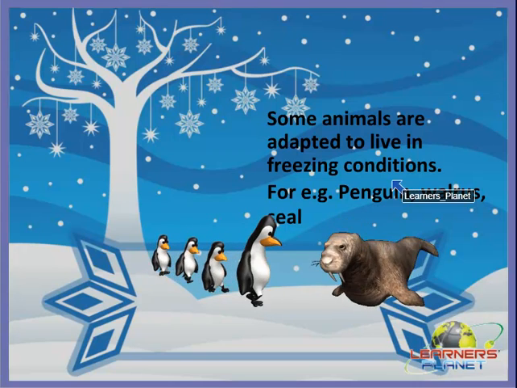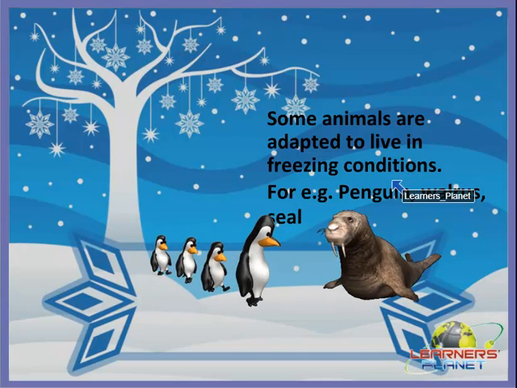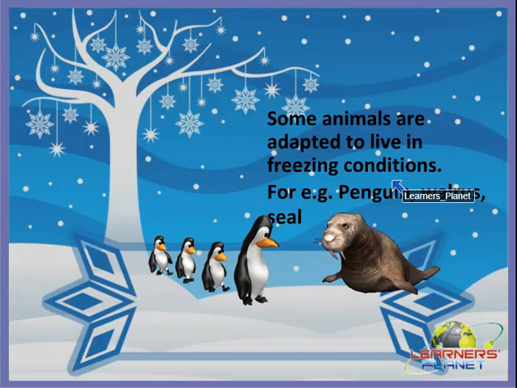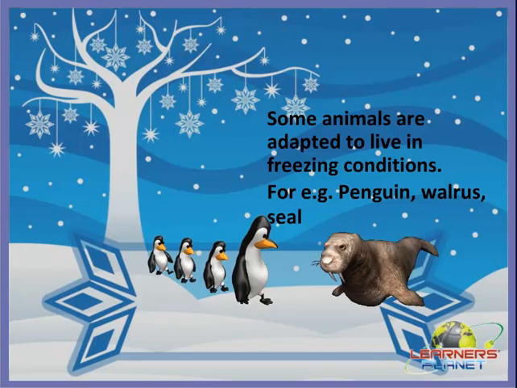So some animals live in the cold regions or the cold conditions. Some animals live in very hot conditions like in deserts, and some animals are adapted to live in the freezing conditions, right? For example, you can see here penguin, walrus and seal.